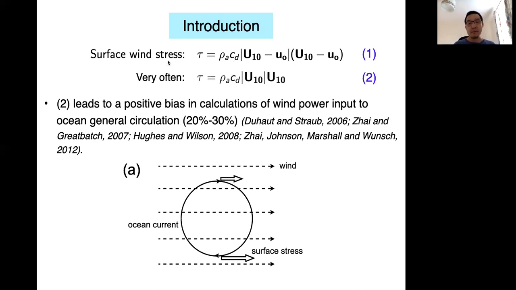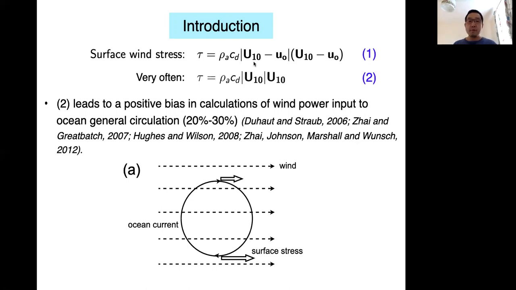So what this formula tells us is that the surface wind stress tau depends on the relative motion between the atmosphere and the surface ocean. So the larger the relative motion is, the greater the surface wind stress is.